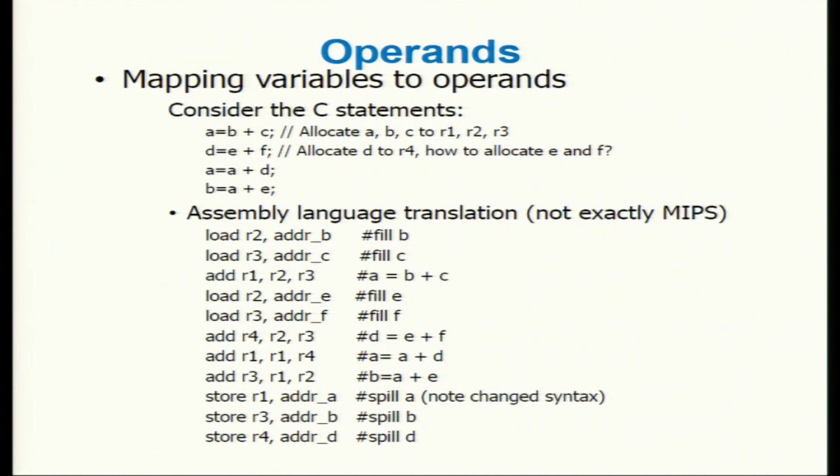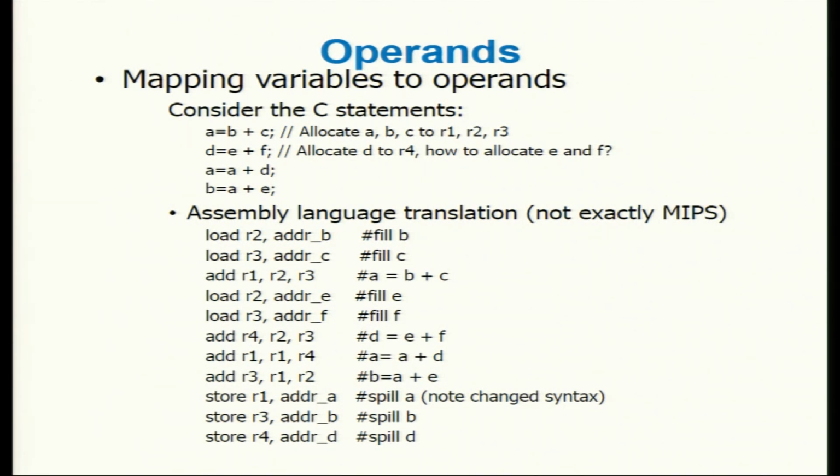Then I look at this particular statement and try to combine E plus F. So first I fill E into R2. So I've decided that I'm going to throw away B. And that's motivated by the observation that B is not needed anymore here. I'll only generate a new value of B, but I'm not going to reuse B in future. So that allows me to throw away B and reuse R2 for E. And similarly, I have decided that I'm going to throw away C because C is also not used in any of the computation.